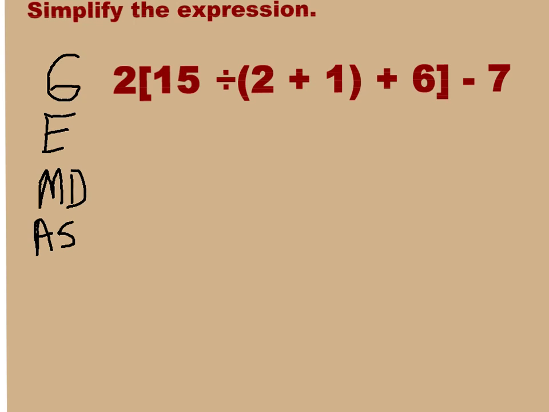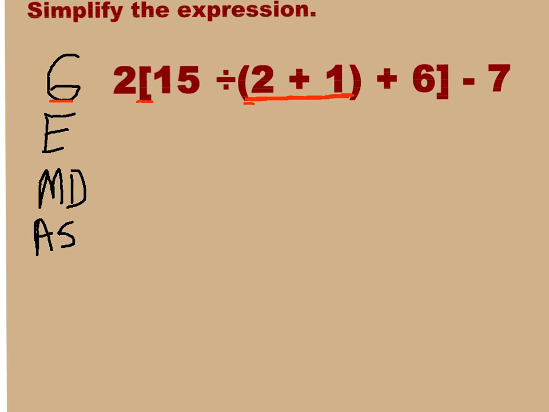Our last example problem looks a little more complicated, but it'll be easy if we follow our steps. So again, we always start with our grouping symbols, and we have 2 of them. We have brackets and we have parentheses. When that happens, always do the most inner one, the one that's inside of the other grouping symbol.